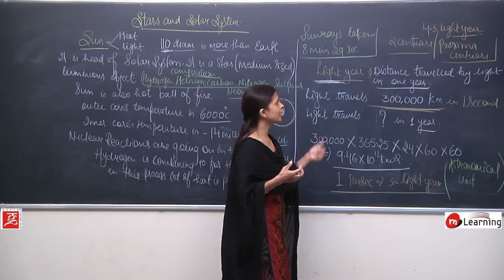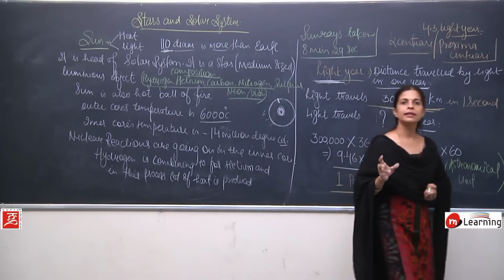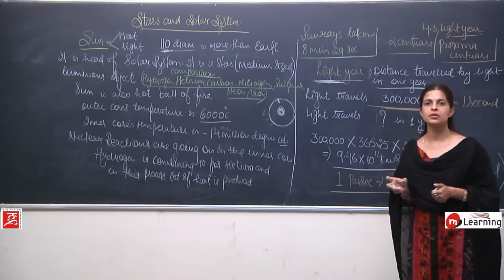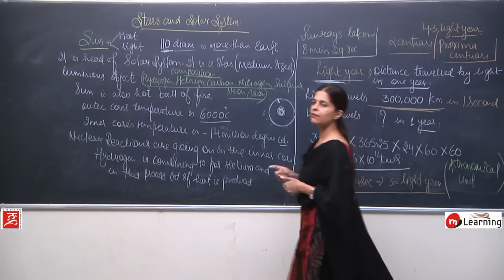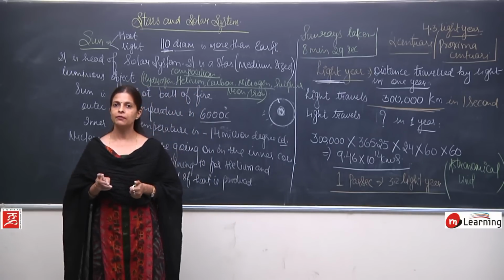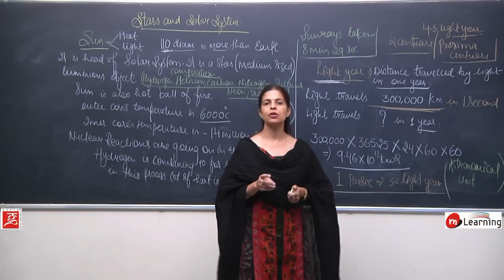The distance travelled by light in 1 year. So this is all about the sun, which is the head of the solar family. The solar system is completed, in which we have discussed the sun, the 8 planets, then the asteroids, the comets, the meteors and the meteoroids.